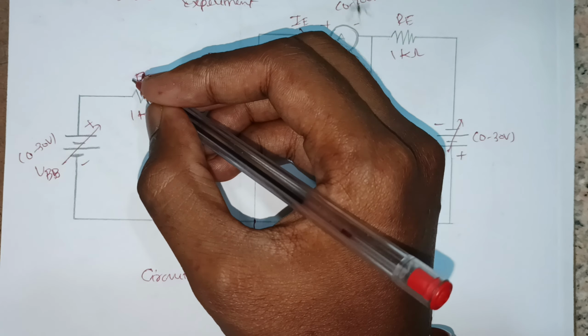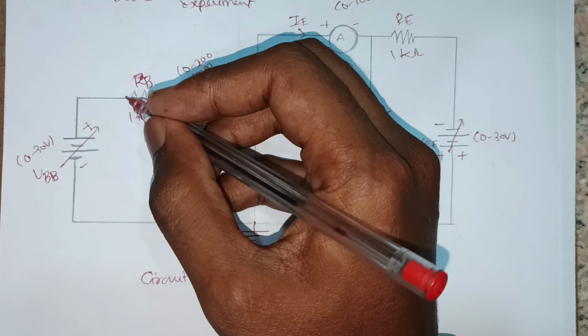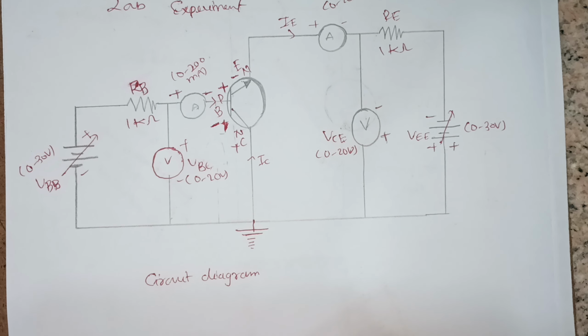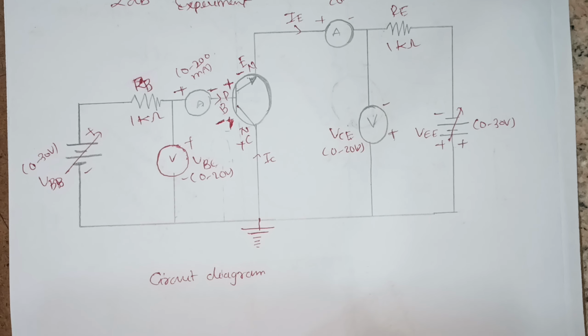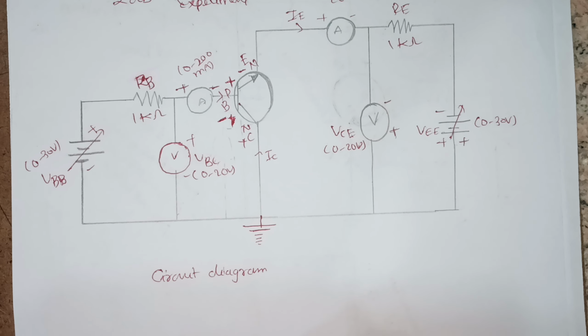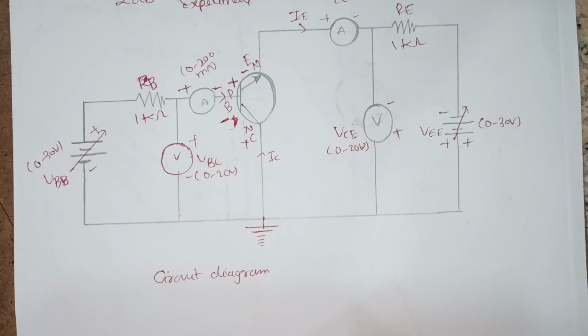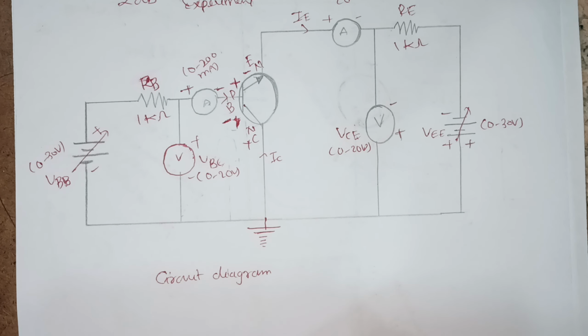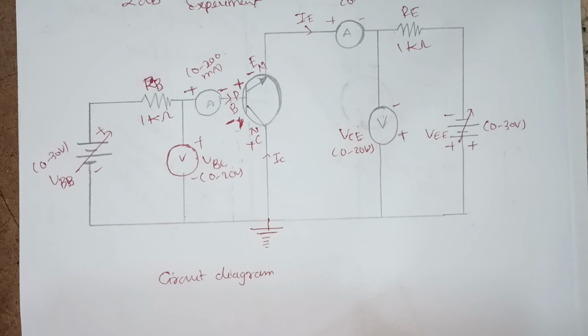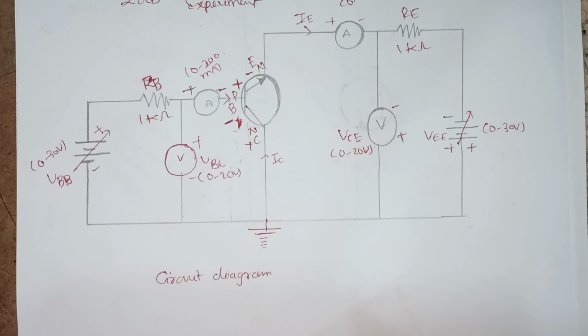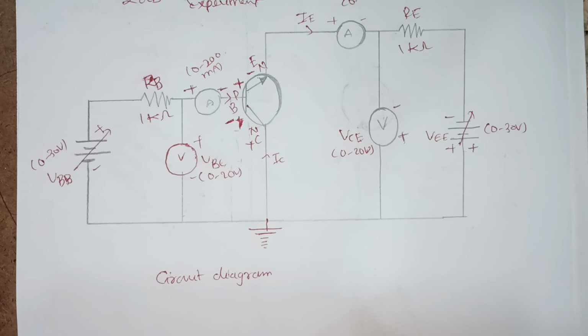If the current becomes too large beyond the required limit, the device will be burnt out. So we use a resistor so that the device is stable and safe.